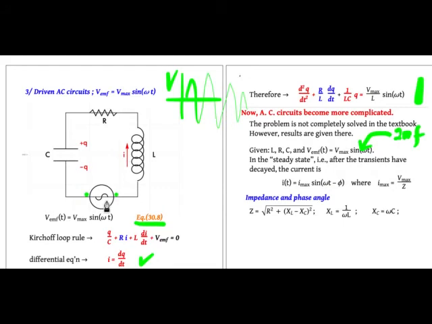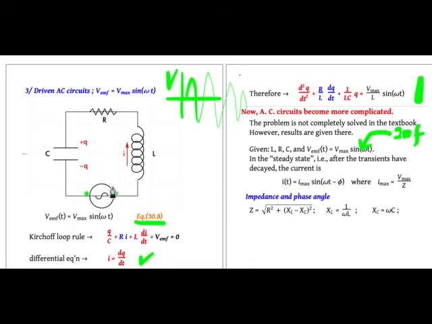The driving frequency is something that's determined by the network or by the generator. In the steady state oscillations, the current has the same frequency as the generator. That's called the driving frequency.